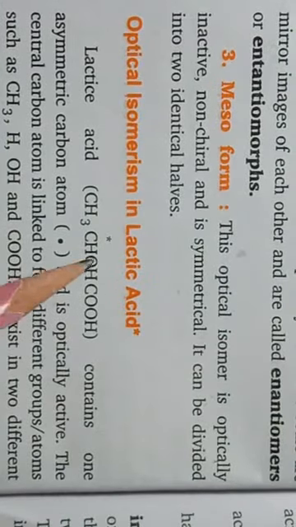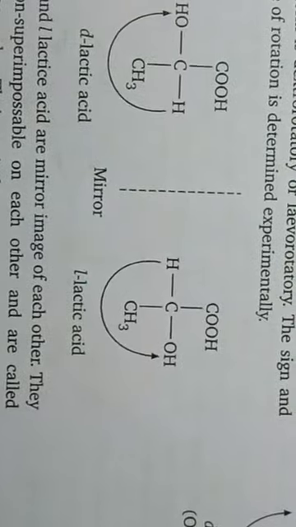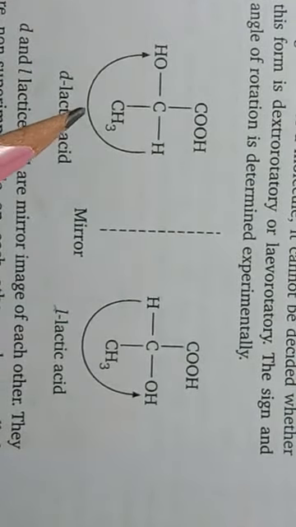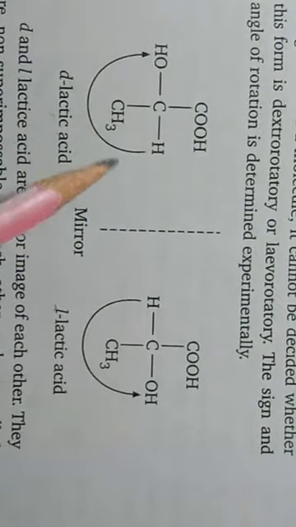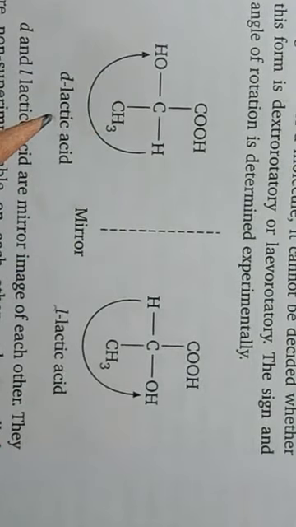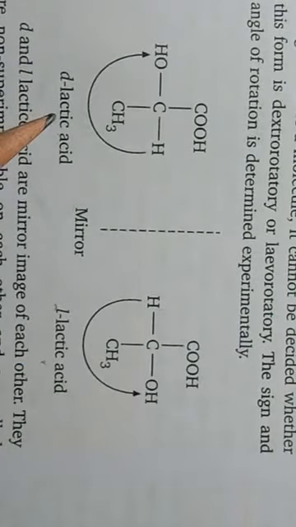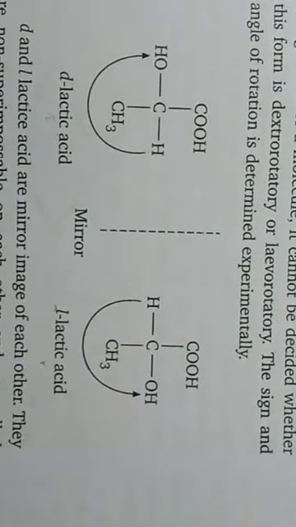Next heading, optical isomerism in lactic acid. Lactic acid is showing 2 enantiomers, these 2 forms which are mirror images of each other, D-lactic acid and L-lactic acid. Dextrorotatory and levorotatory.